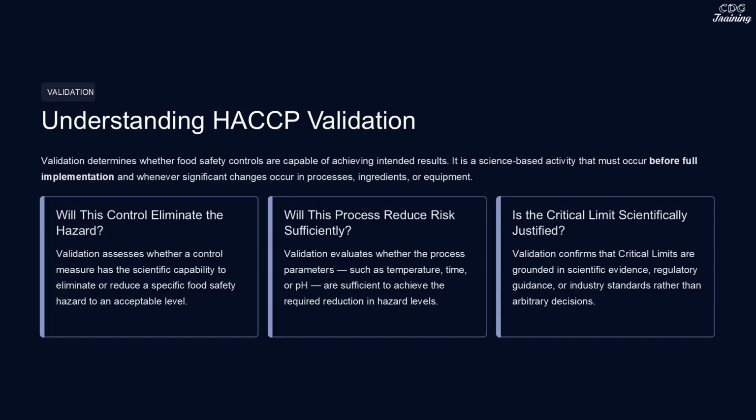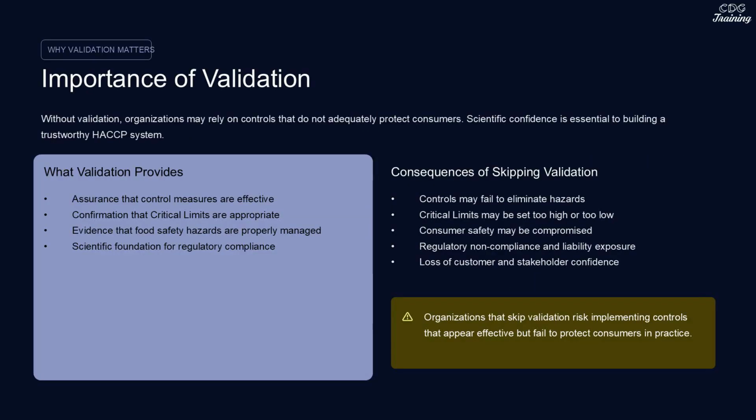These evaluations ensure that controls are effective and based on scientific evidence, regulatory guidance, or industry standards rather than arbitrary decisions. Without validation, organizations may rely on controls that do not adequately protect consumers. Scientific confidence is essential to building a trustworthy HACCP system.